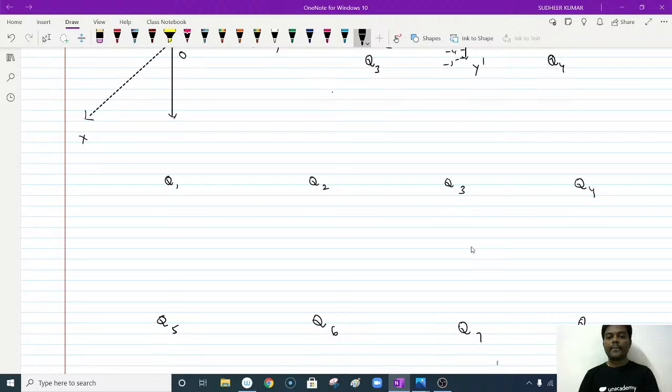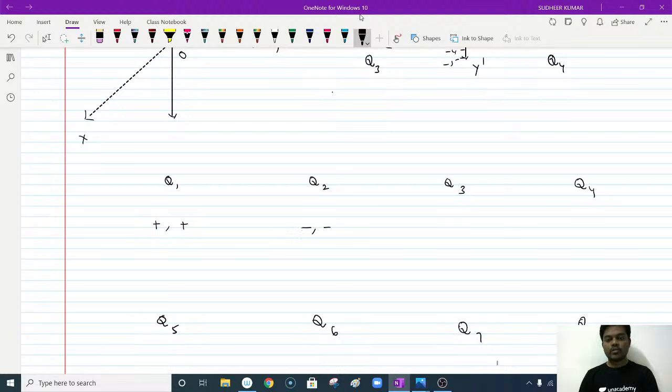Right? So first, as we know the two-dimensional geometry, let us write the same ordered pairs. One is positive, positive, and the second quadrant is negative, positive, right?